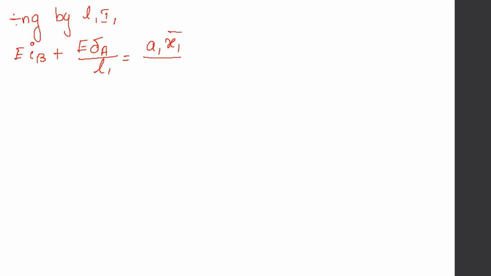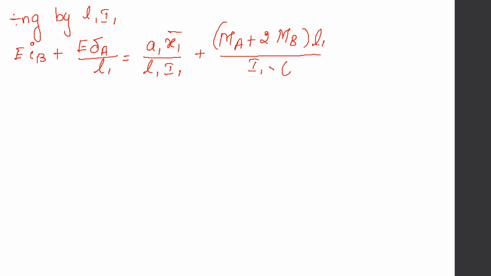Now, we will divide this equation. Dividing this equation by L1 I1, we get E into IB plus E into delta A by L1 is equal to A1 x1 bar by L1 I1 plus MA plus 2 MB into L1 by I1 into 6.